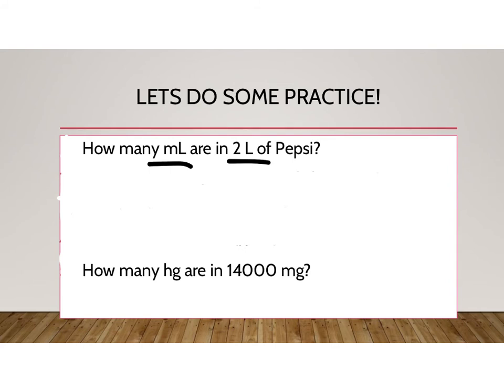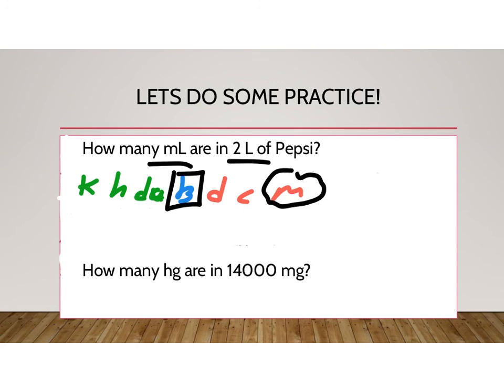So I'm going to start by writing my acronym again. King Henry died, that's Deca, by drinking chocolate milk. I look at where I'm starting, and I'm starting at liters, which is a base unit, and I need to get it down to milliliters.